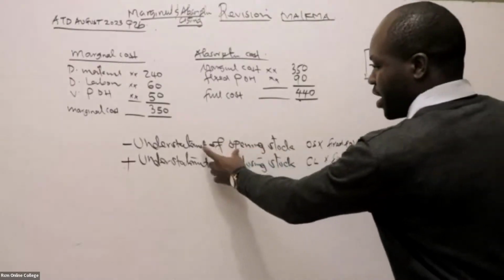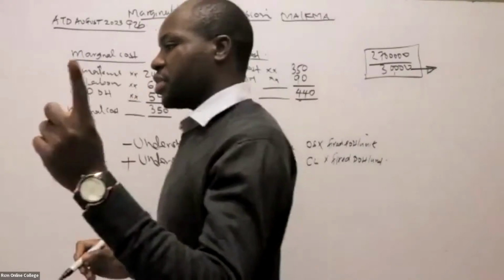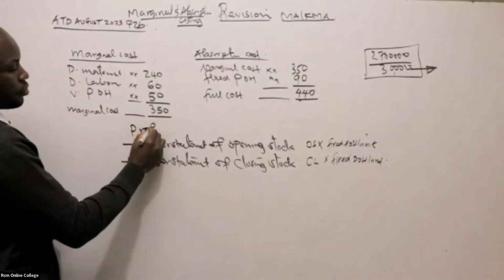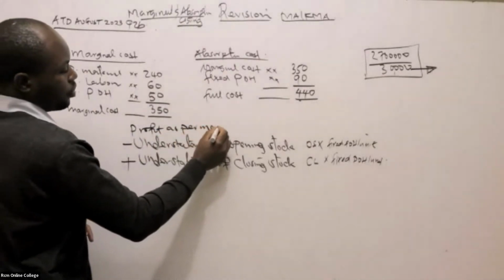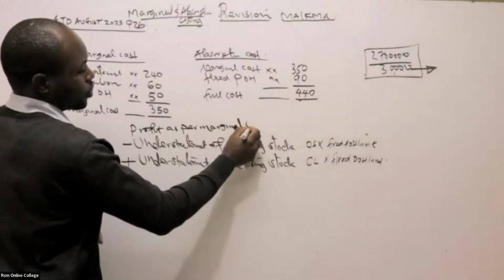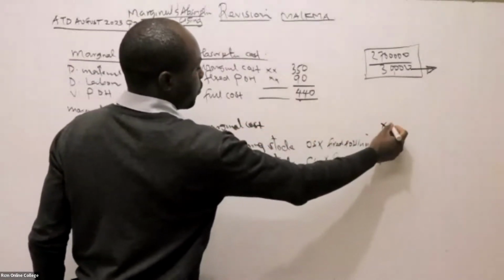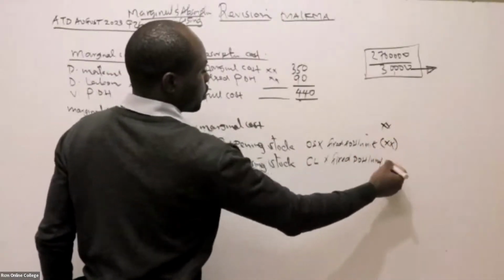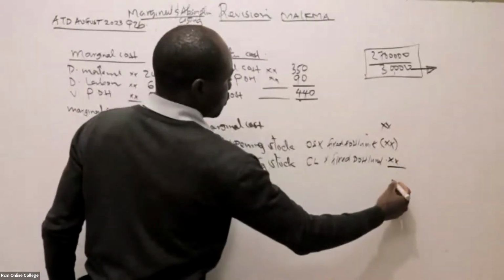Once you get what we have done under these two things, then we are basically doing what we call a reconciliation statement without knowing. So you give us the profit as per marginal cost. Then you less understatement of opening stock, then you add understatement of closing stock.